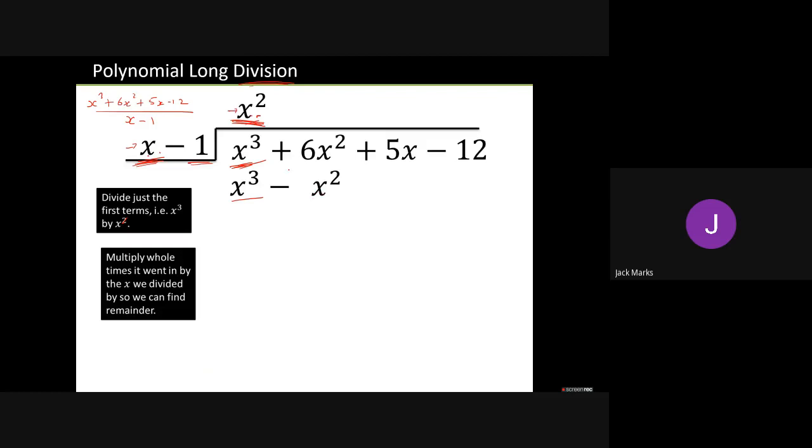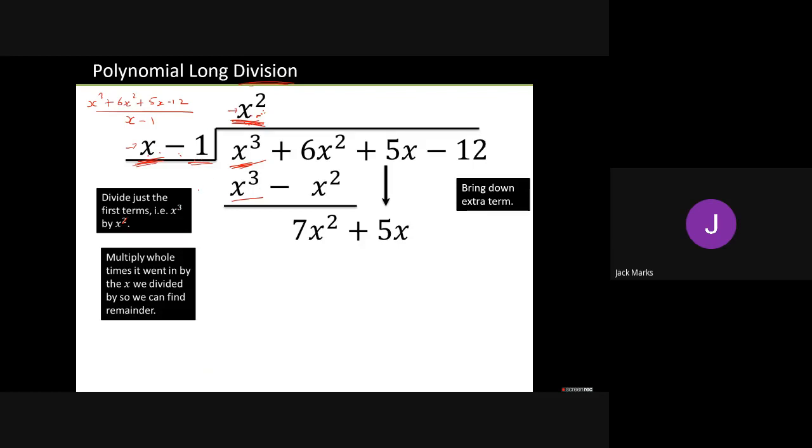How did I get this? I did x squared multiplied by minus 1. So I'm using the other bit now, not just the bit at the front. And that is minus x squared. And notice that I line up the columns with the powers. After that, there's nothing to do. There are no other terms left above this and this here. So what we do is we subtract.